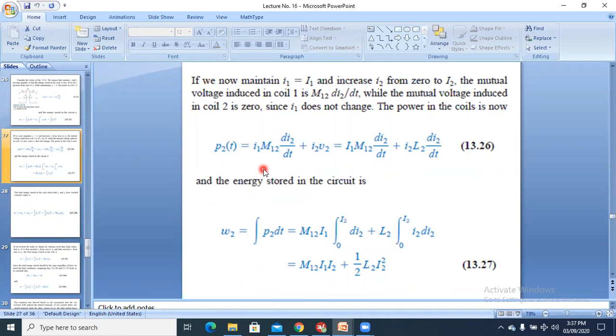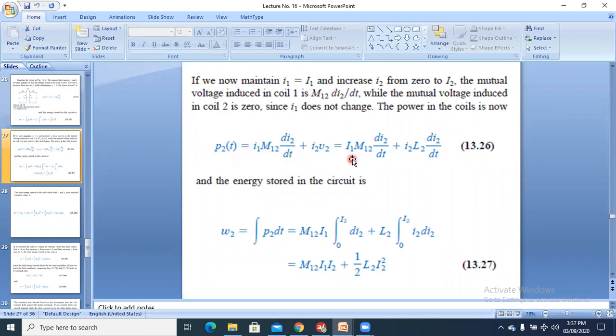Now, because of the current I1, there is mutual inductance in the second coil, and we also have power in the second coil because of this current I1. So this power is I1 M12 dI2 by dt.